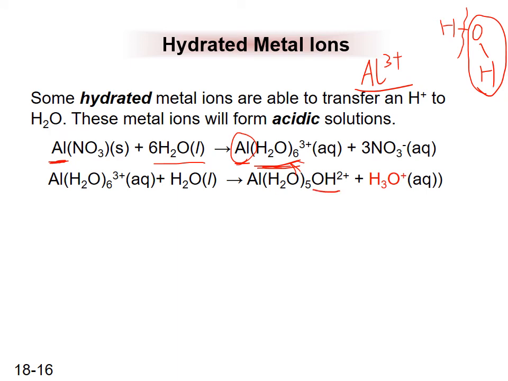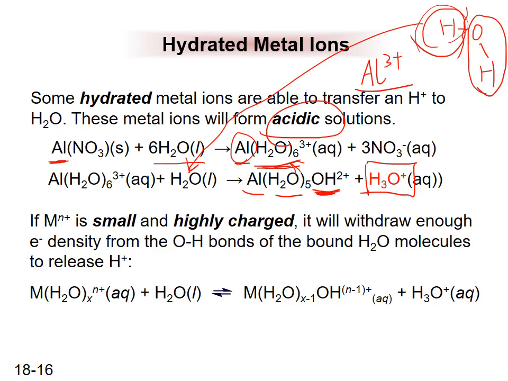So now aluminum will be surrounded by 5 waters and 1 hydroxide ion. What happens to this proton? This proton goes to another water molecule to form a hydronium ion, and this makes the solution acidic.